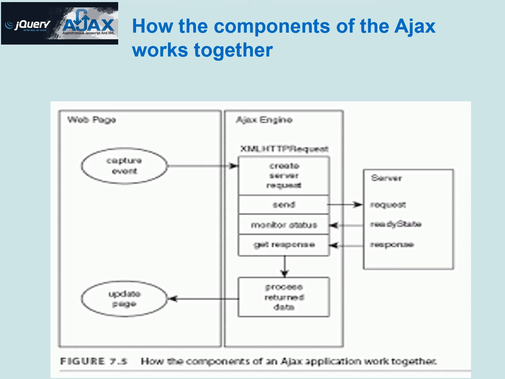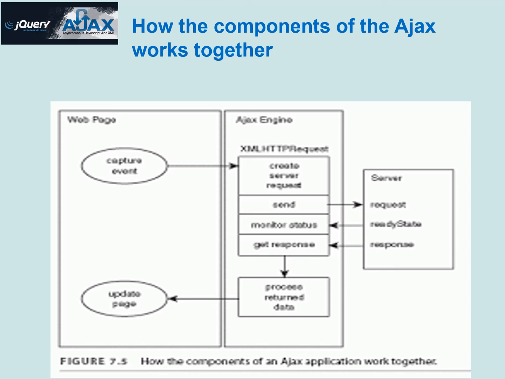This Ajax engine is responsible for creating the server request, sending it, monitoring its status, getting the response back from the server, processing the return data, and finally displaying or updating that data on the web page.